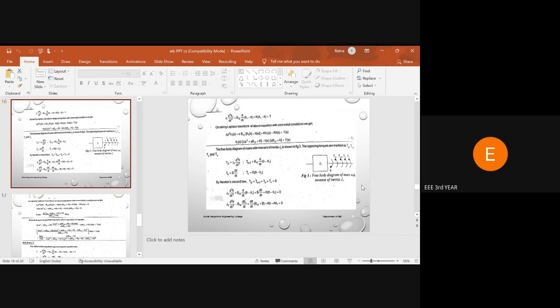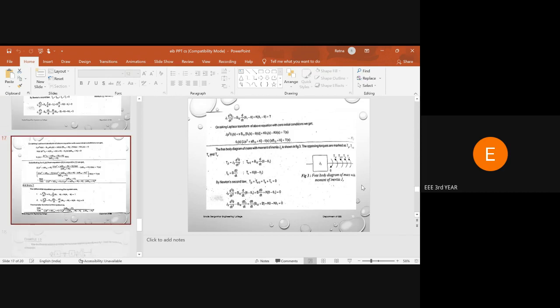Next, rearrange this equation. We get J2 d square theta divided by dt square minus B12 d theta 1 divided by dt plus d theta divided by dt (B12 plus B) plus K theta minus K theta 1 equal to 0.